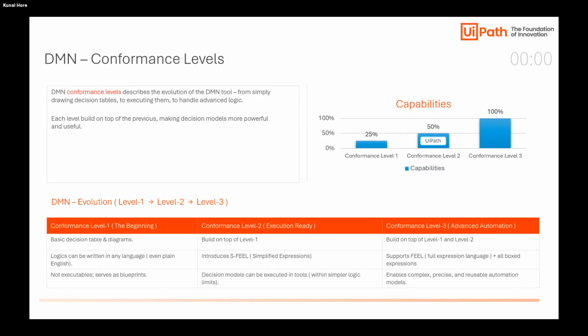And once it gets updated, you will be able to use level 3, the fully functional language of DMN, where you can write any kind of coding, or you can do all the expressions fully to make your conditions even more robust. Now, since it is supporting level 2 currently, there will be certain functionalities within today's demo where Arkadeep and I are going to show you that those functionalities are not completely executable.